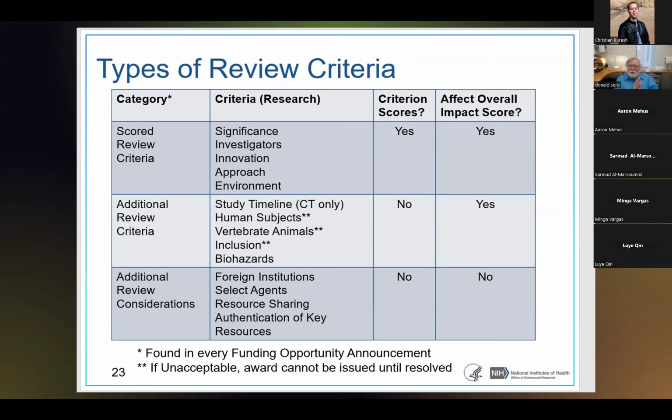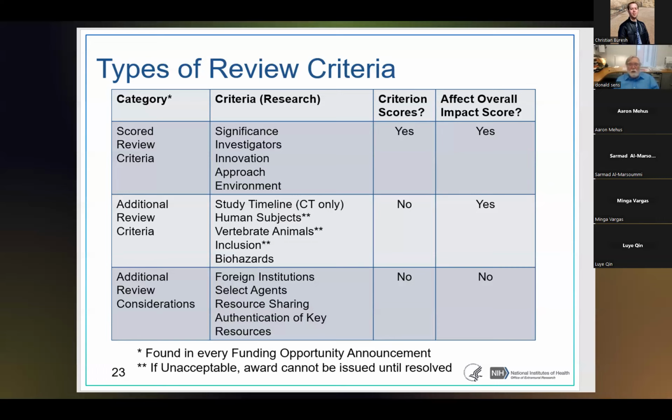Most people aren't usually too critical of it, but they'll ask for an administrative note on it. So the administrators at NIH look at your human subjects and your animals, and if it's unacceptable until you get it fixed, even if you've got a fundable score, they will not fund your grant.